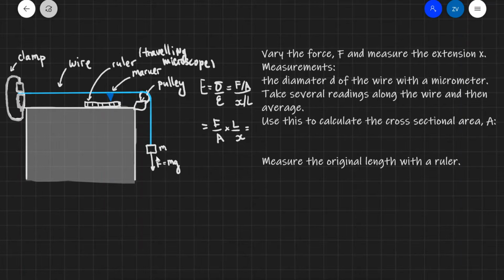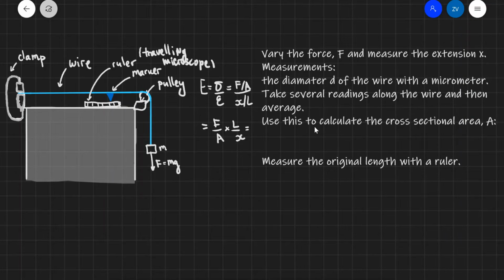In this experiment, we are going to be varying the force F by essentially adding progressively more mass onto the end of the wire. We're going to be measuring the extension X. In terms of measurements, first of all, we'll need to measure the diameter D of the wire with a micrometer. We'll take several readings along the length of the wire in order to ensure that the wire has a consistent diameter all the way along its length, and then we're going to average.